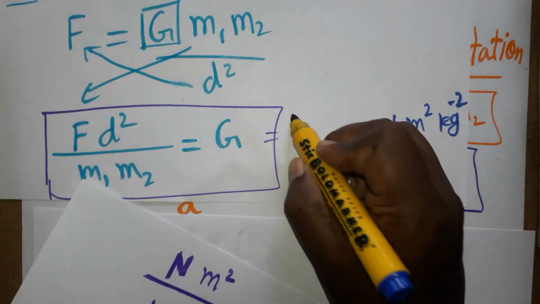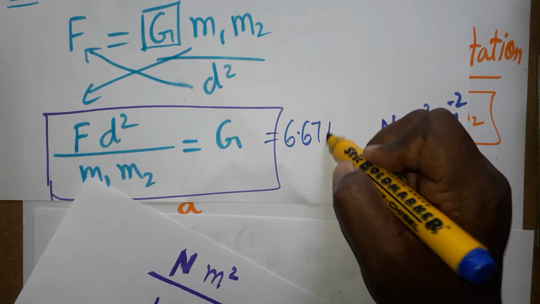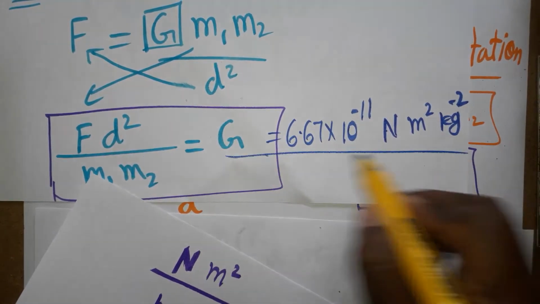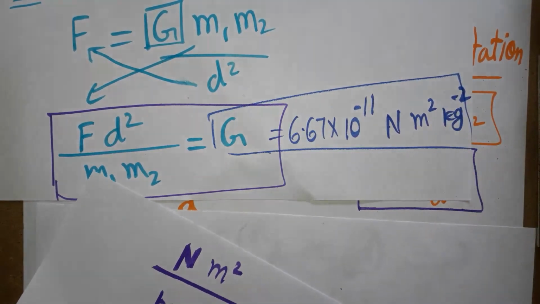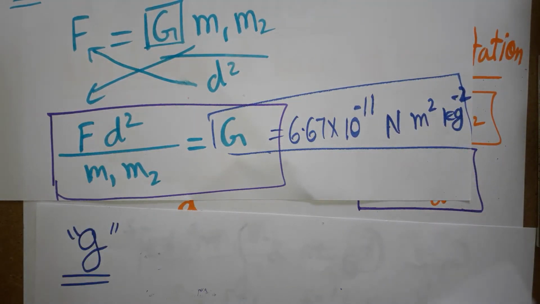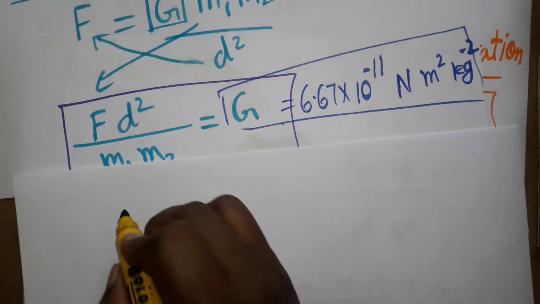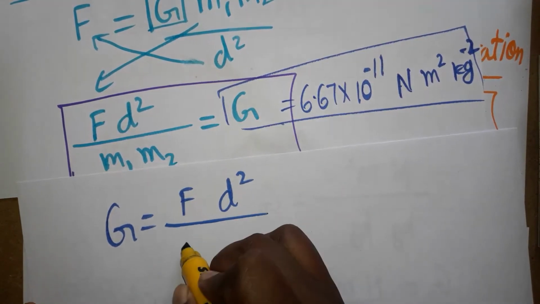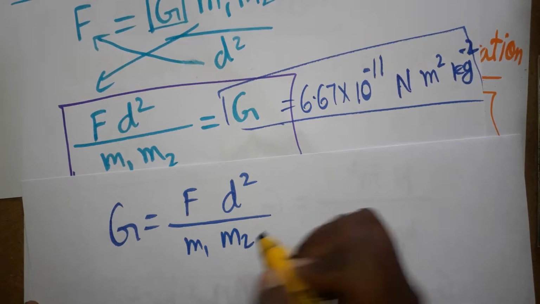The value of capital G is 6.67 into 10 power minus 11. It is a fixed value. First we will discuss how they got this value, then we'll go to small g. Capital G is equal to F times d square divided by m1 into m2. This is the formula.